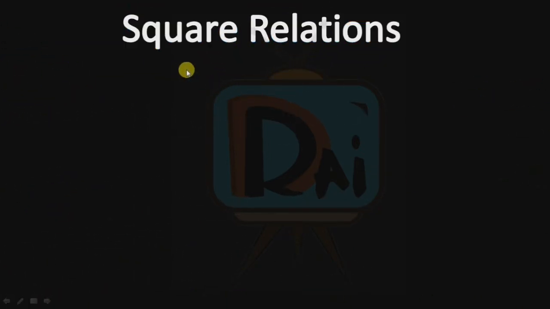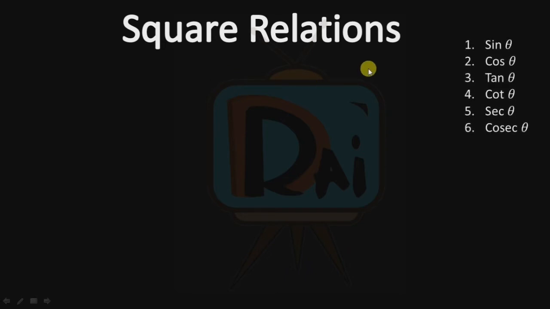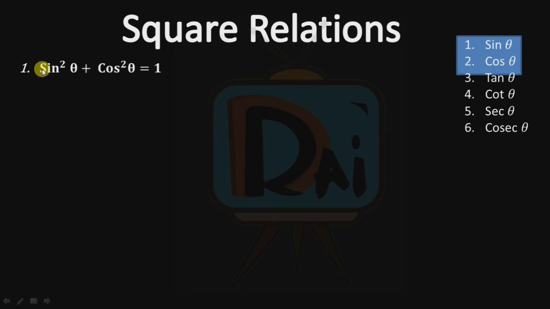Now next are the square relations. We have 6 trigonometrical ratios: sine theta, cos theta, tan theta, cot theta, sec theta and cosec theta. So sine theta and cos theta are related by a square relation like this: sine square theta plus cos square theta is equal to 1.